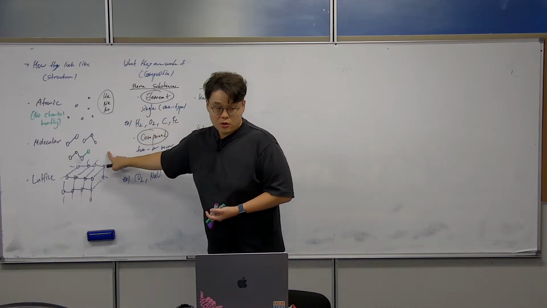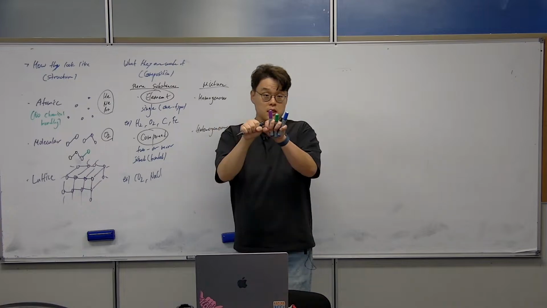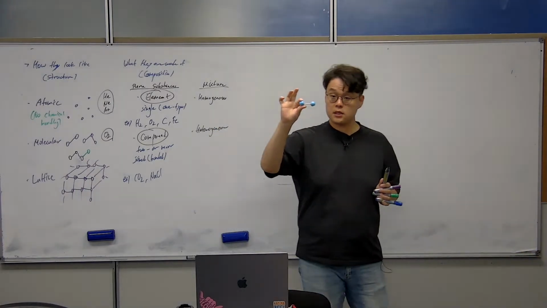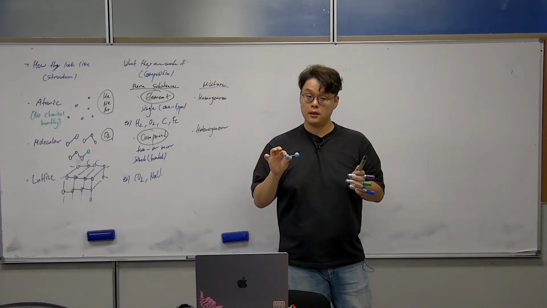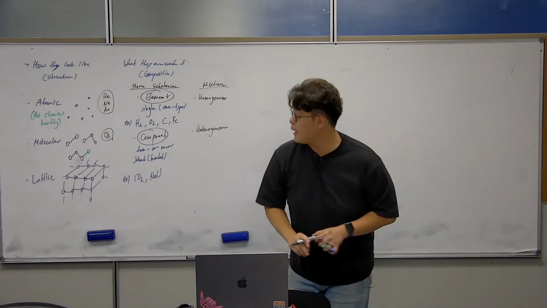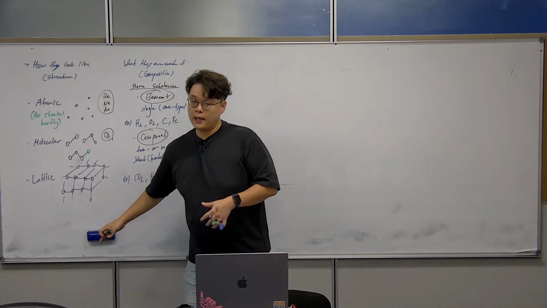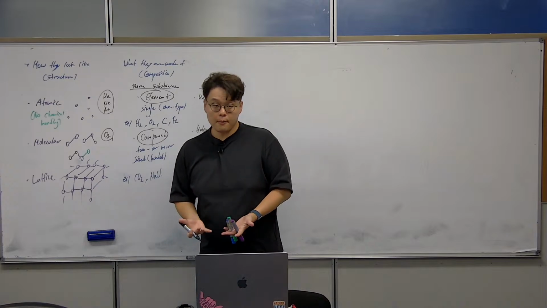Element in molecular structure, it'll be O2. That is a joint, so something looks like this. It's bonded, but I only have the same type of that element. What about element in lattice? Can we have a network of the same type?